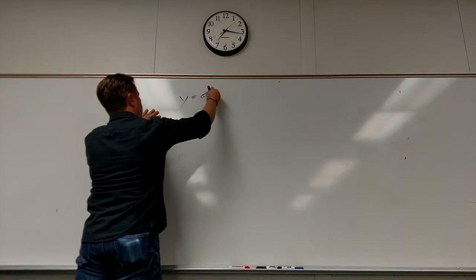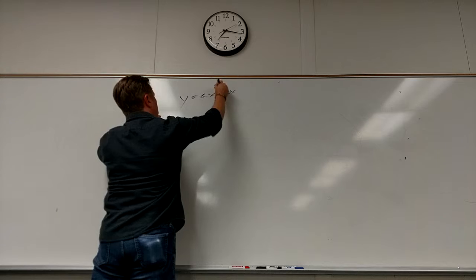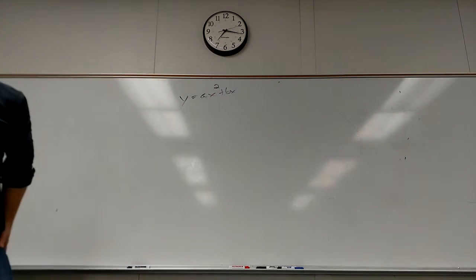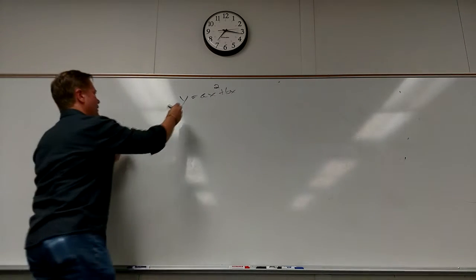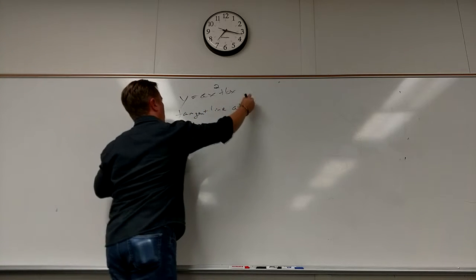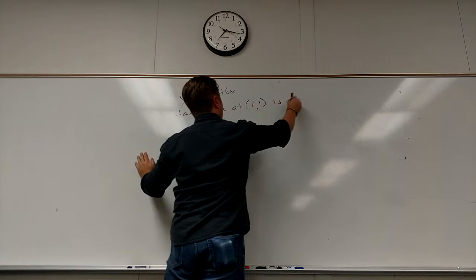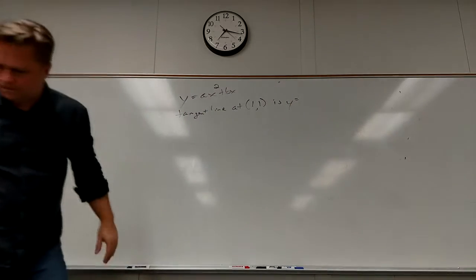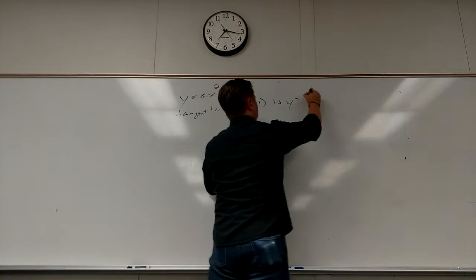Find the parabola that has an equation of this form, whose tangent line at 1, 1 is y equals 3x minus 2.